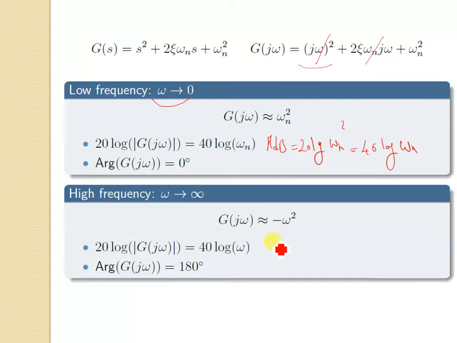Then the magnitude in decibels will be 20 logarithm of the magnitude, which is 40 logarithm of omega, and the phase will be minus 180 degrees.